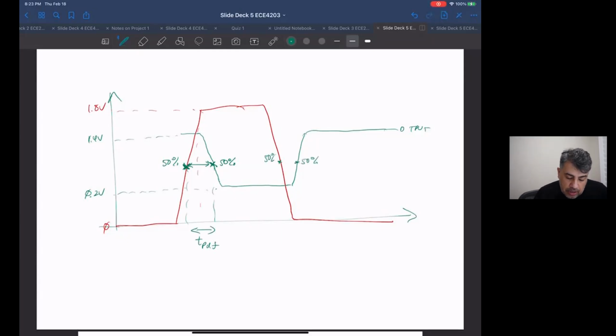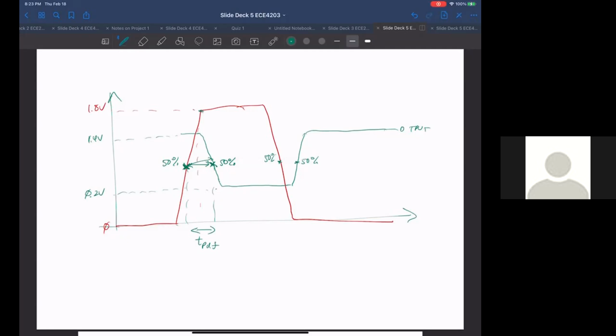So now you have to be a little careful. This guy's 50% point may be different, they might not be exactly centered on each other. Again, it depends on your design. You see what I'm saying?